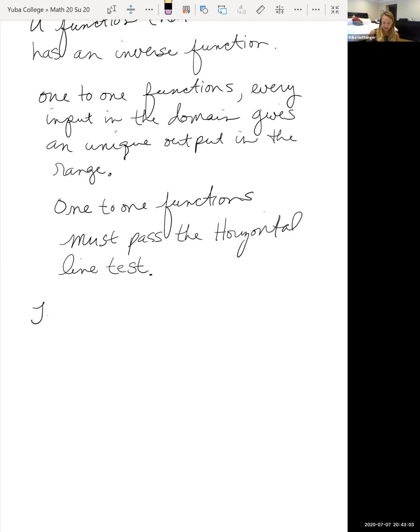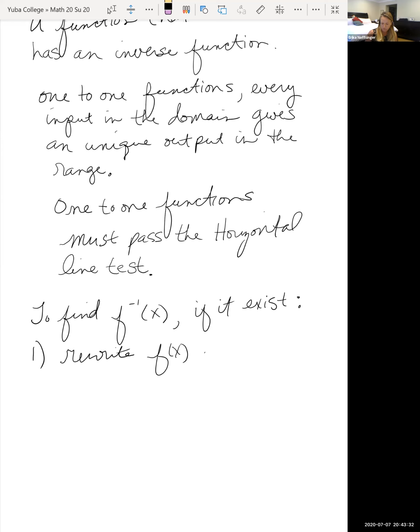So to find f inverse of x, if it exists, first thing I do is rewrite my function notation, f of x or g of x, h of x, whatever it is, as y, if it's not already done so.